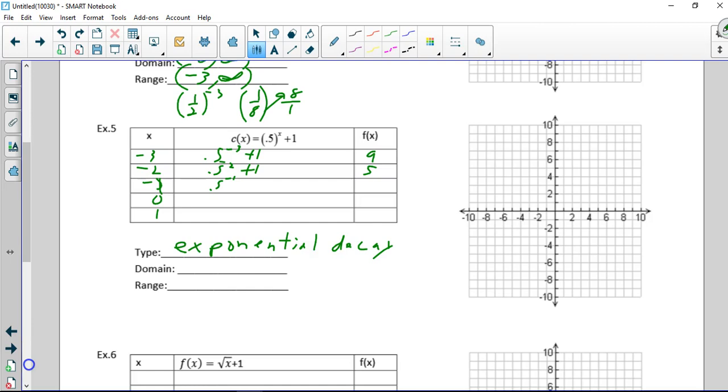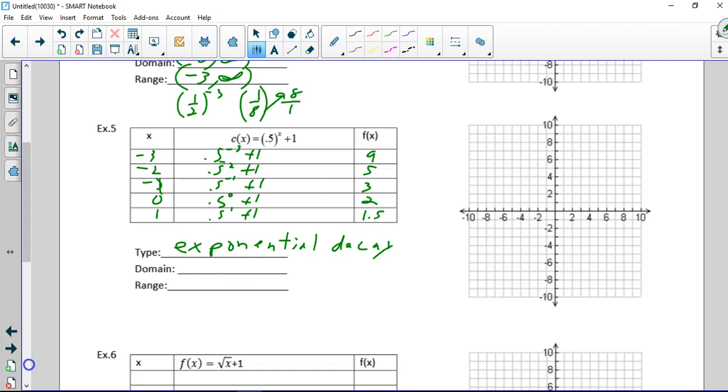Remember, 0.5 to the 1 is 1/2. Flip it, that's 2, plus 1 is 3. Then 0.5 to the 0, anything to 0 is 1, plus 1 is 2. And then 0.5 to the 1, the first power is 0.5, plus 1 is 1.5.